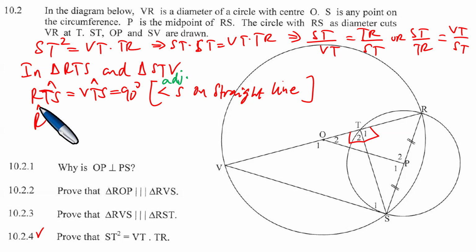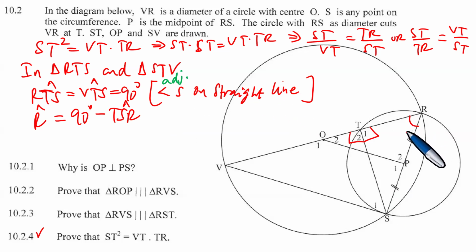Oh, yeah, we'll continue. So that the angle R is equal to what? Because this one is 90 degrees, the angle R is 90 degrees minus TSR.